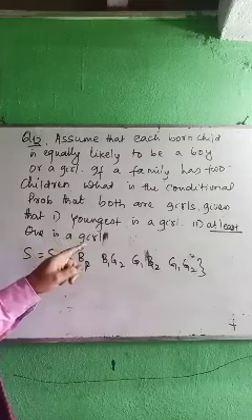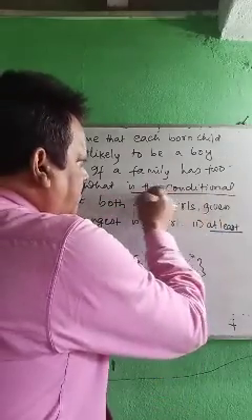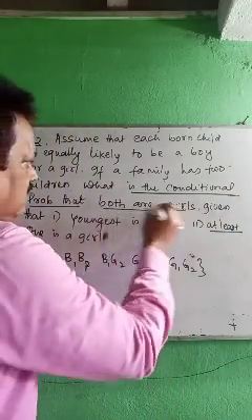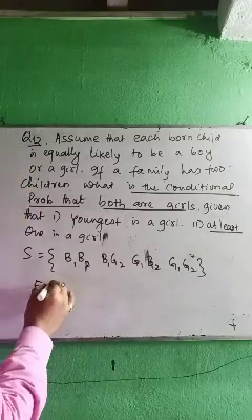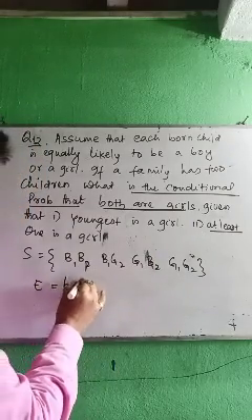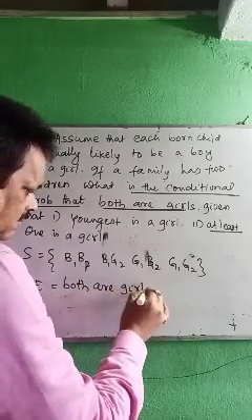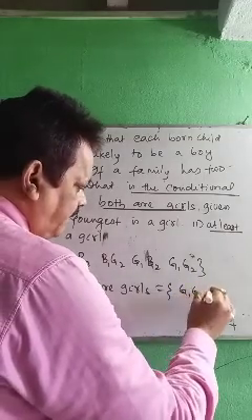Then comes up, what is the conditional probability? This is the probability you want to find out. Conditional probability that both are girls. This is E for you. E stands for both are girls. That means this is the only one, G1, G2.